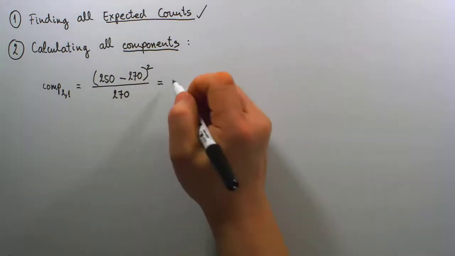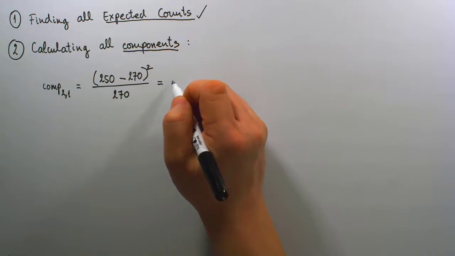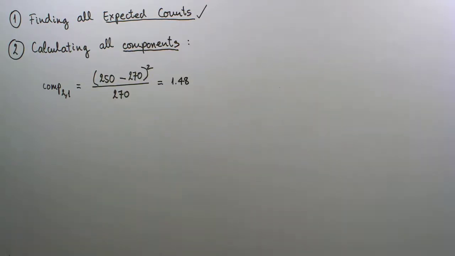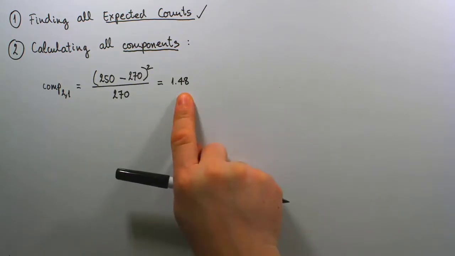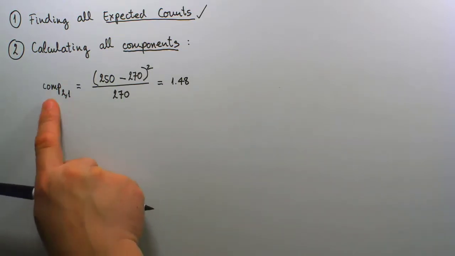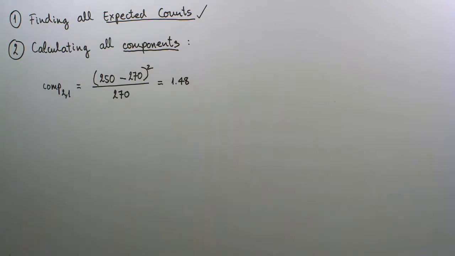My calculation came out as a decimal, in 2 decimal places, 1.48. And again, I have mentioned that throughout all of my video lectures about chi-square test for independence, I will be using 2 decimal places for any component value. But make sure you watch for the rounding requirement in any of your problems that you are doing.